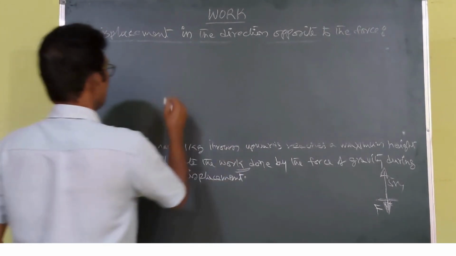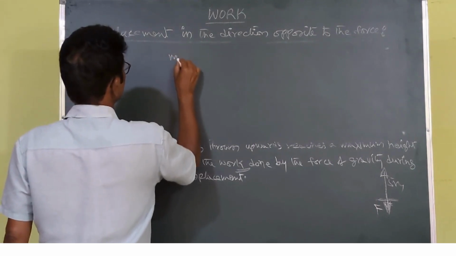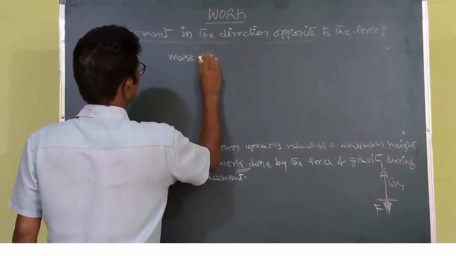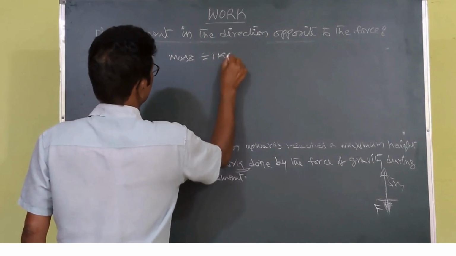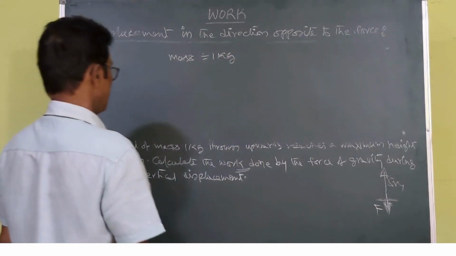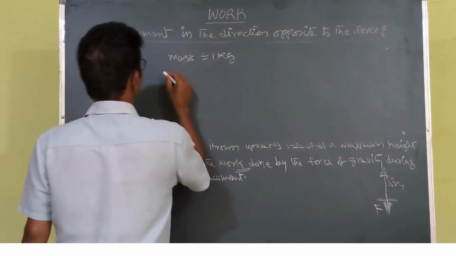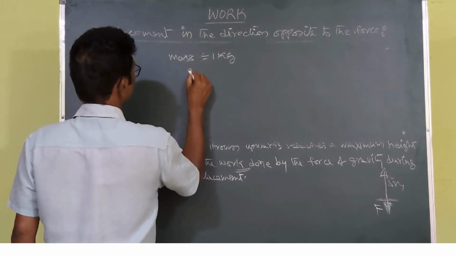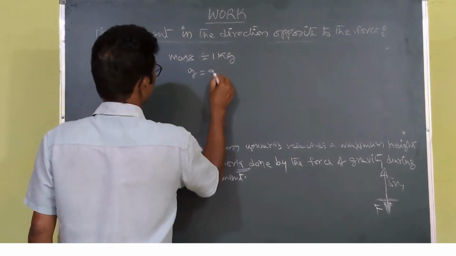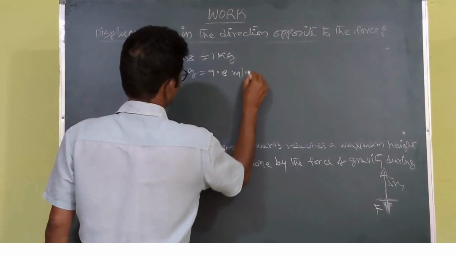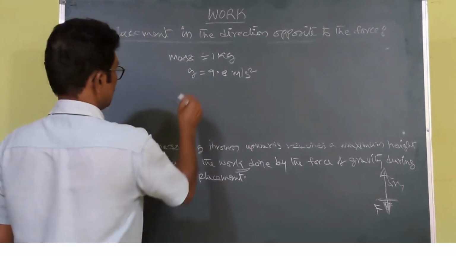The ball mass is 1 kg. Acceleration due to gravity g equals 9.8 meter per second square. This value we know.